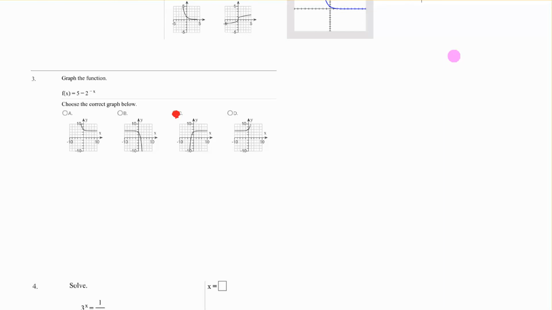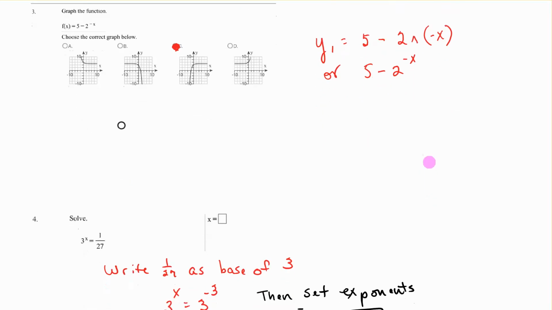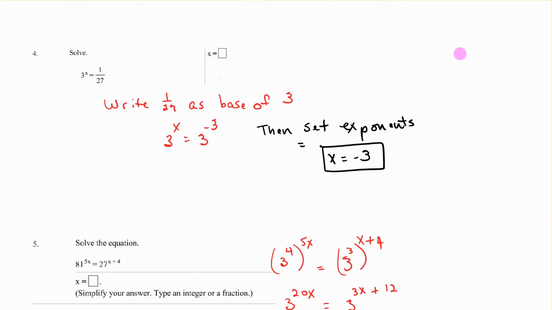Just be sure that when you put that in y1, either you've got a caret and you have it like that, or 5 minus 2 and you have a little box up there. So do that and you should be able to see that one as well. I'm just practicing looking at those in the calculator or by hand.